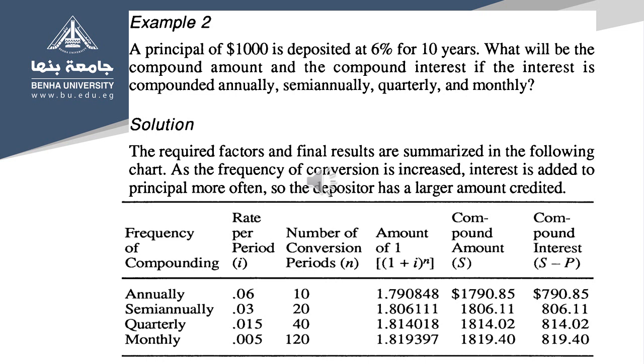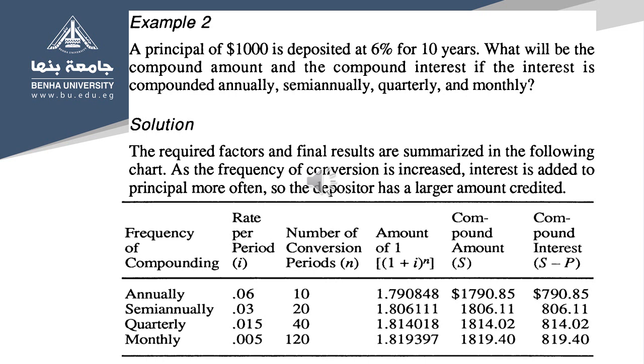What about monthly? 6% monthly must be divided by 12. 6% divided by 12 equal 0.005.